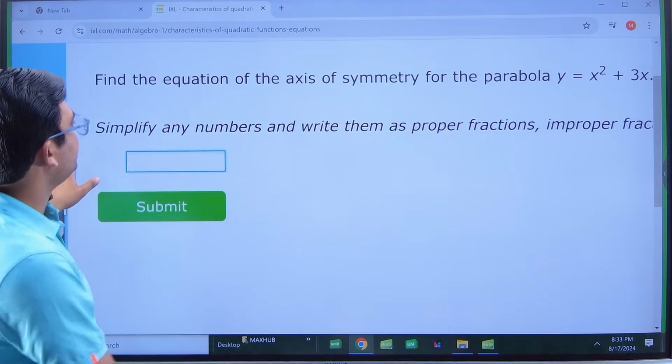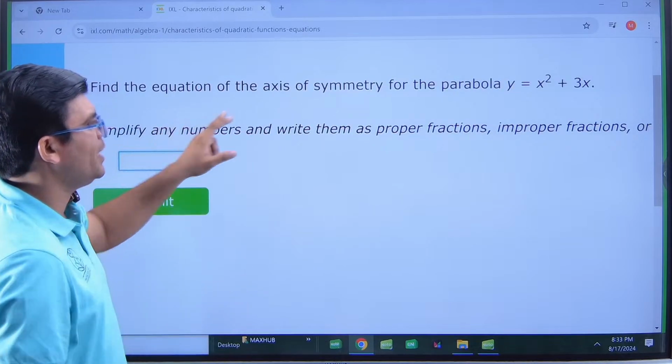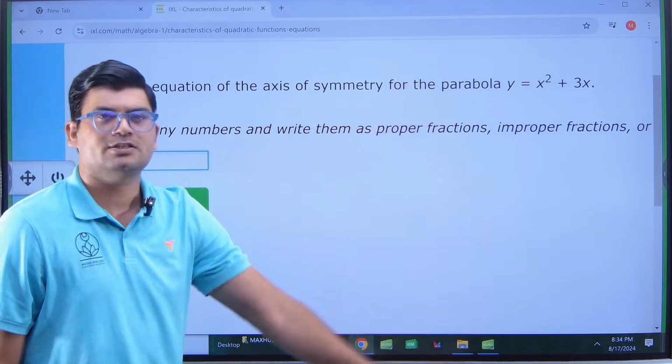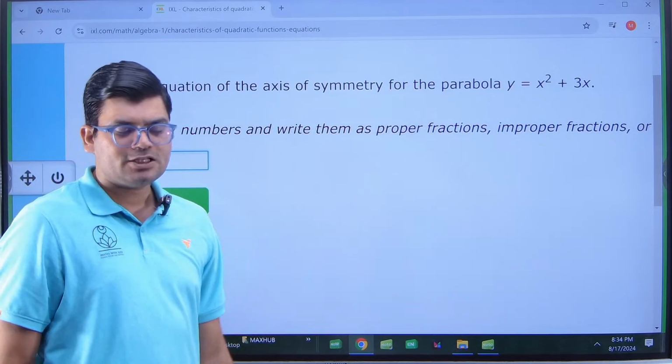Okay. Find the equation of the axis of symmetry for the parabola x square plus 3x. Just find what is minus b upon 2a.